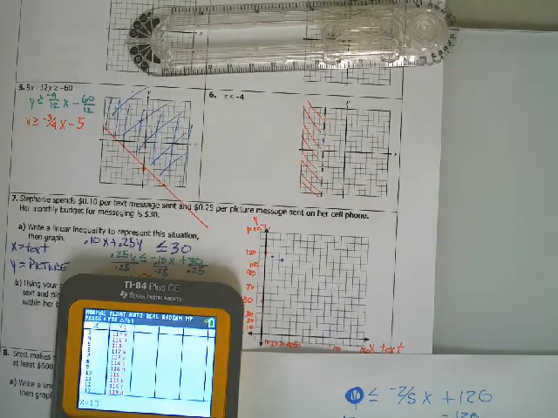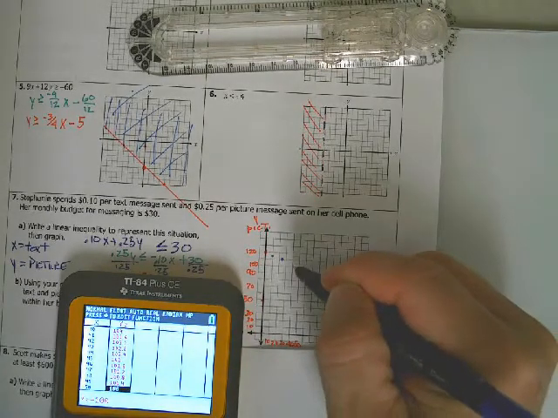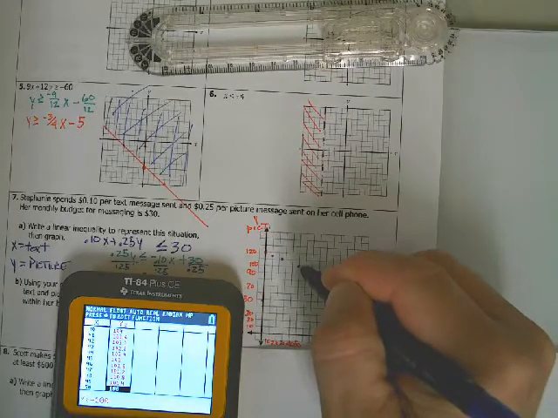It was 116 at 10, and at 25 it went down a full 10 units, which was 110. So at 50 it's going to go down another 10 units, to 100. Right there.